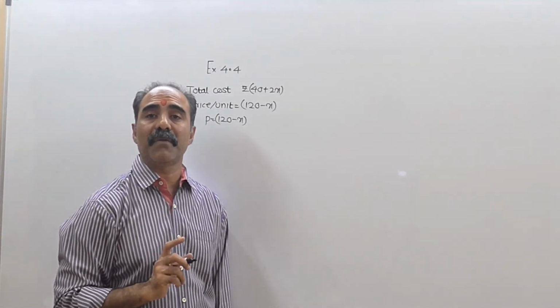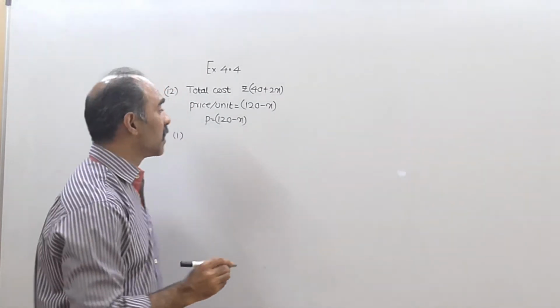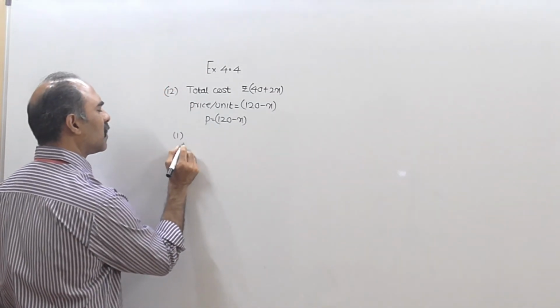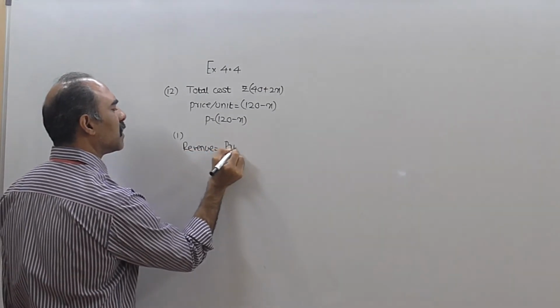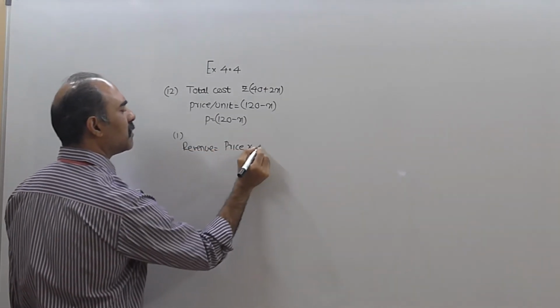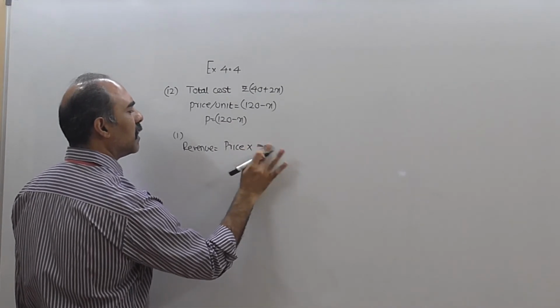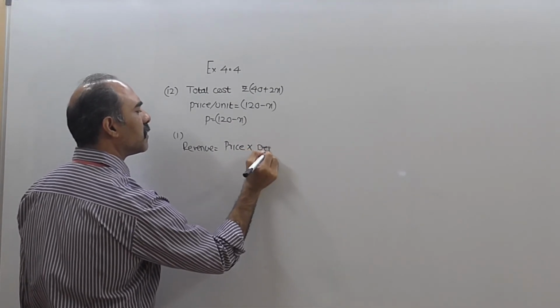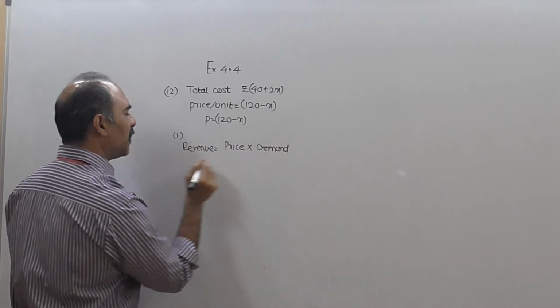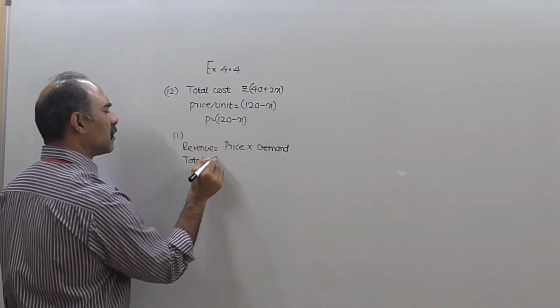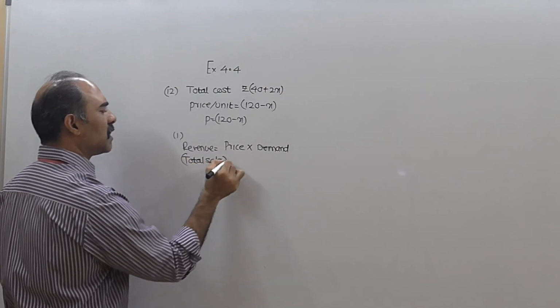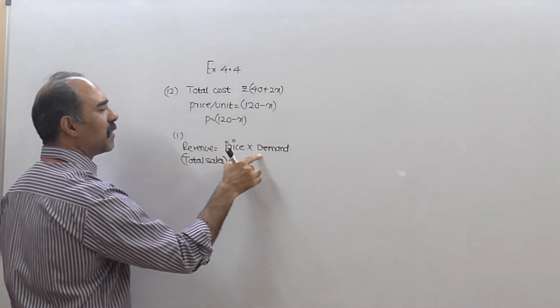The first question is you got to find the value of X for which the revenue is increasing. So the first focus is on revenue. Revenue is nothing but price multiplied by demand. See, revenue means total sales. Total sales equal to selling price multiplied by demand.